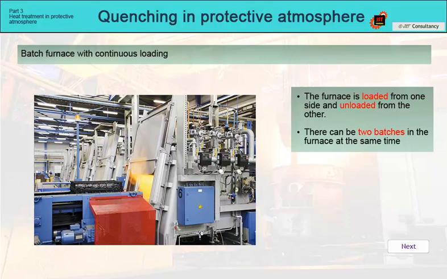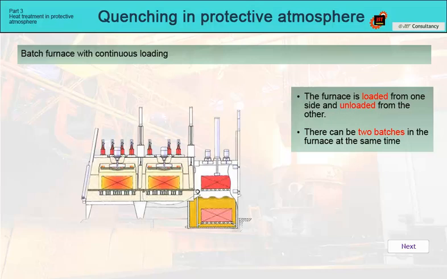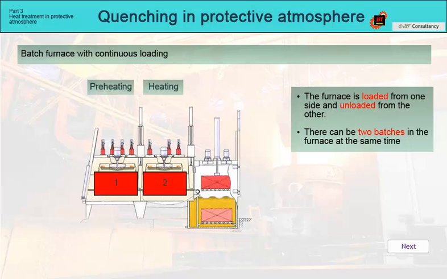However, there is also a solution with 3 chambers, where the furnace is loaded through the first preheating chamber. Then the batch is moved to the middle chamber with final heating, and then to the quenching chamber with an oil bath. The advantages will be seen both in hardening and in carburizing.